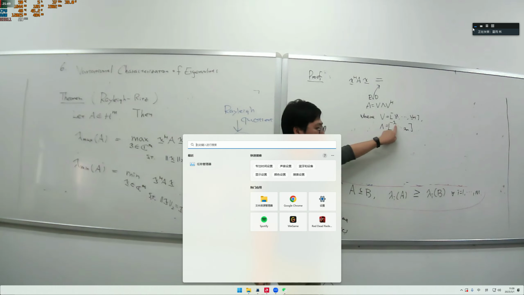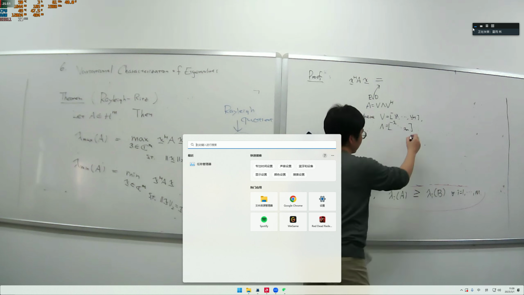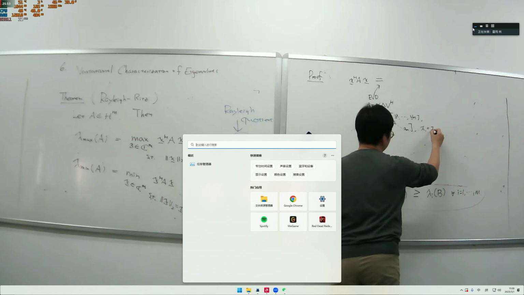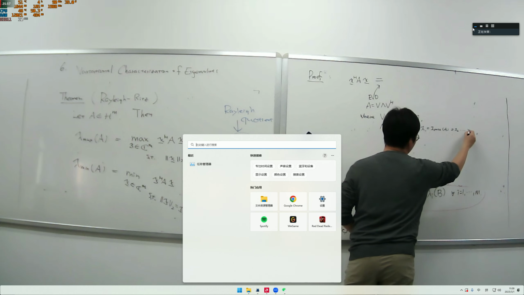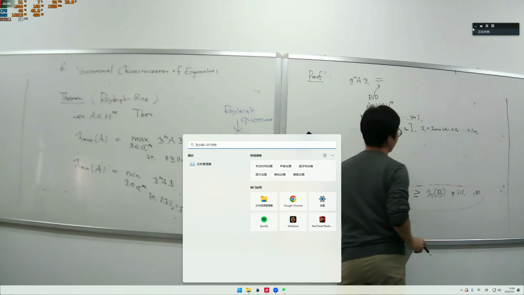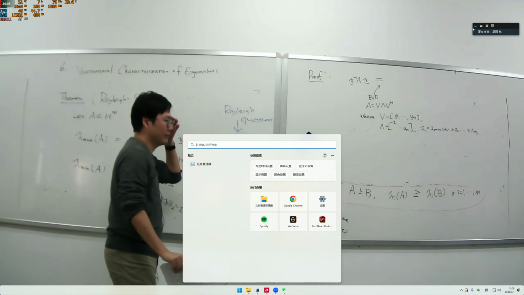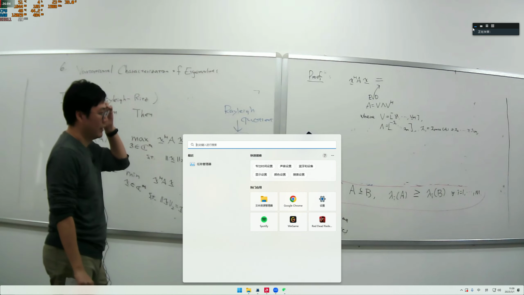Suppose lambda 1 is the largest, lambda max, and no less than lambda 2.